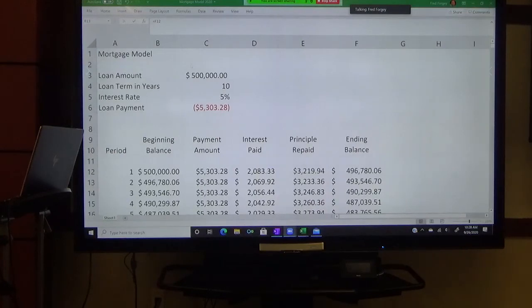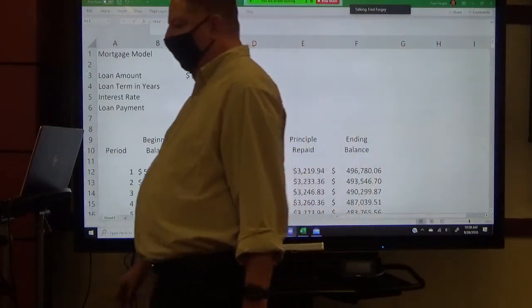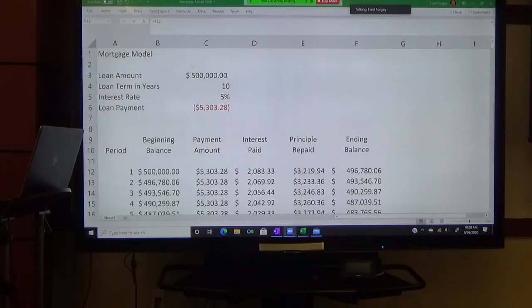Now what you hopefully did is spent just a few minutes going through and taking a look at what the formulas were, understanding those, and then being prepared to ask some questions as we then begin to complicate this up a little bit.